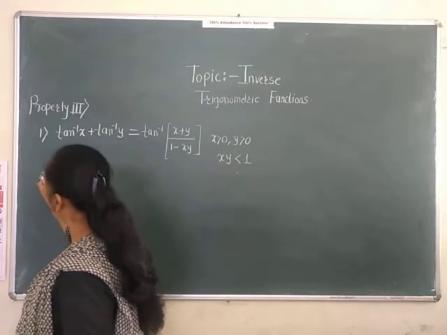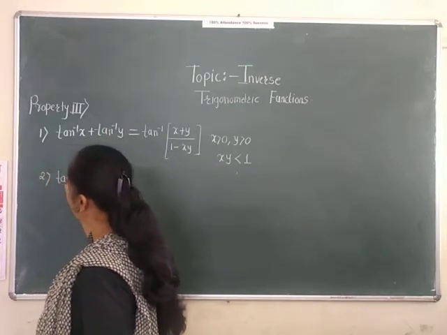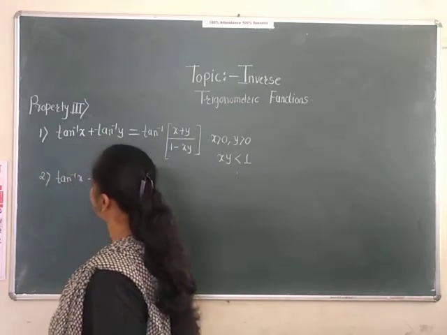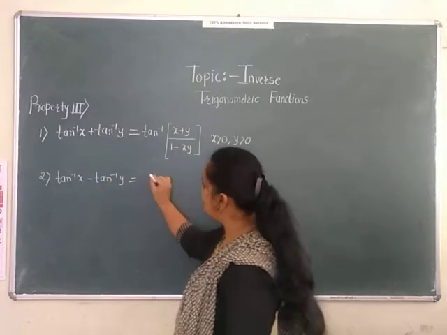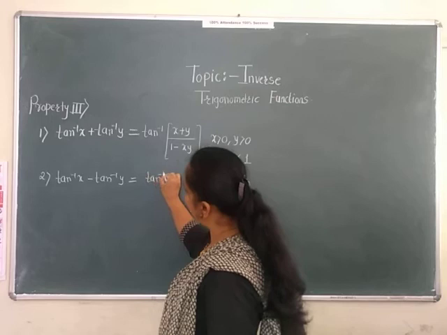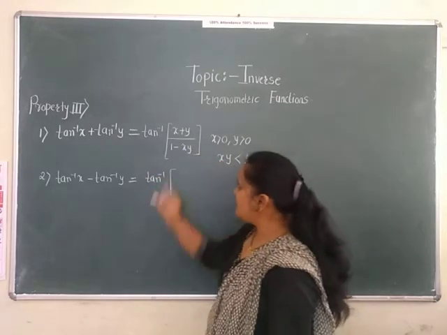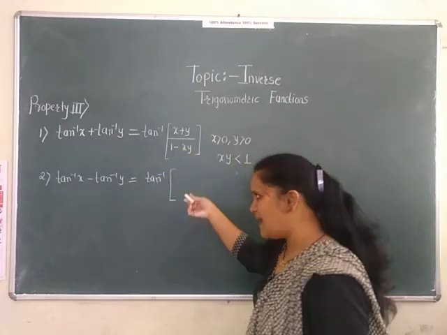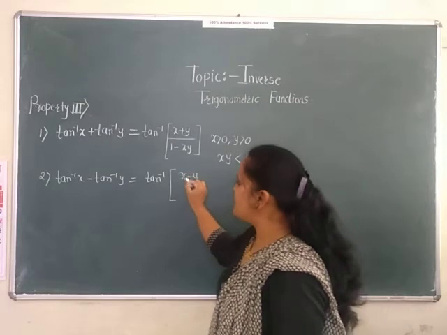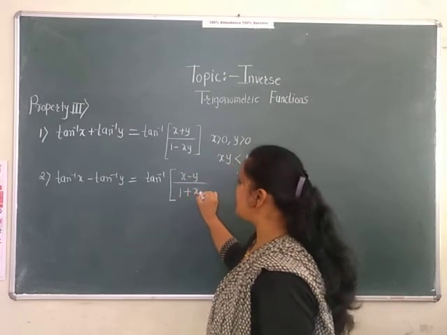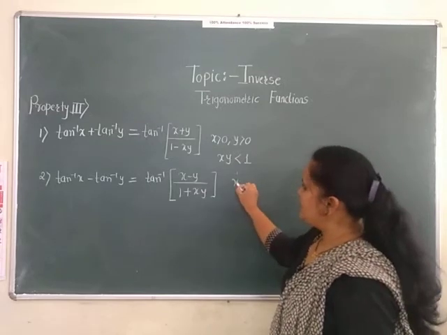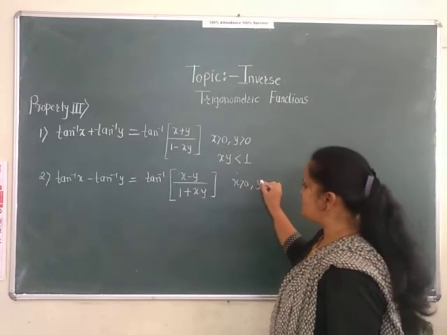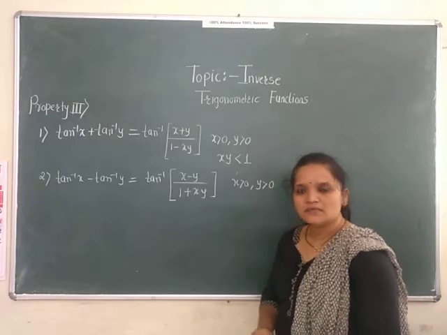Then second formula is tan inverse of x minus tan inverse of y is equals to tan inverse of, now अभी यहाँ पर प्लस है और नीचे माइनस है, यहाँ पर उल्टा हो जाएगा x minus y upon 1 plus x into y. And here x should be greater than 0, y should be greater than 0.